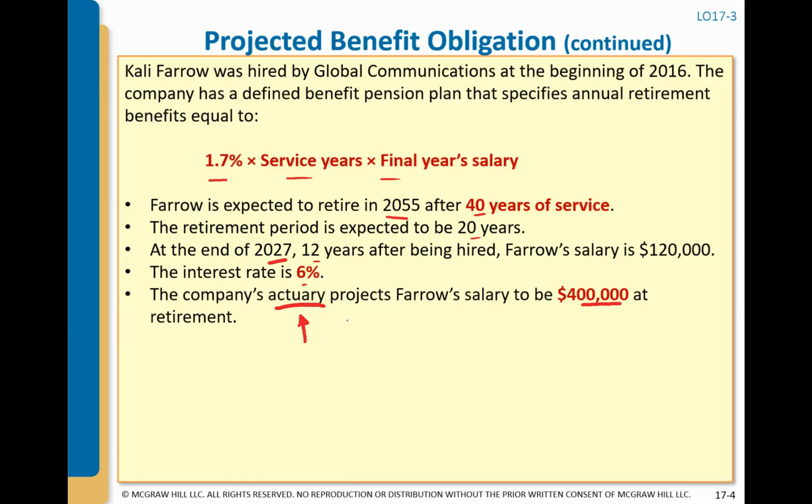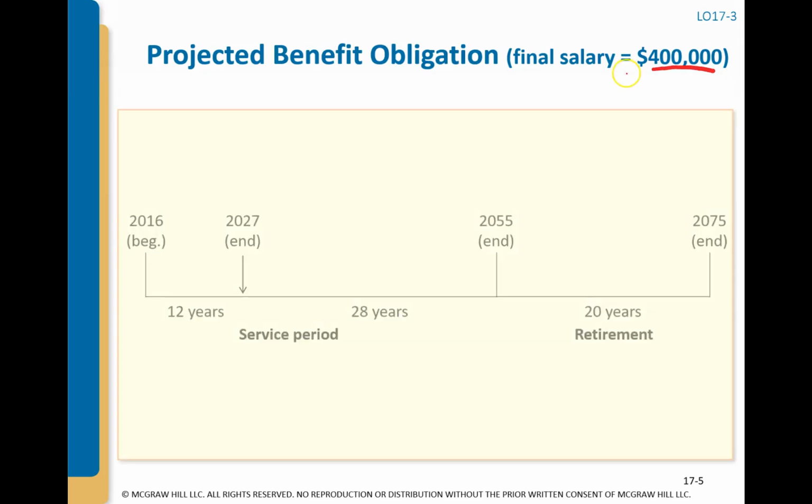But back to our problem, let's see how we calculate a projected benefit obligation for 2027 using a final salary of $400,000, which is one of several estimates that are used when you have to calculate a projected benefit obligation.